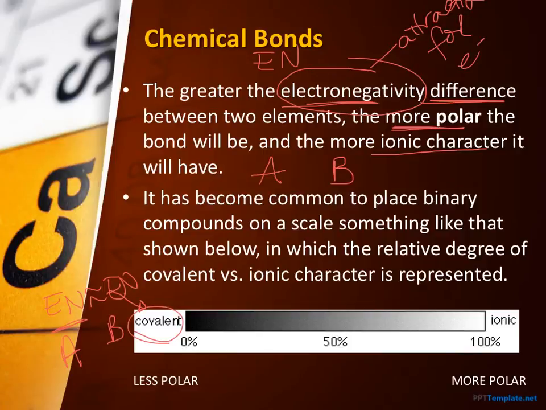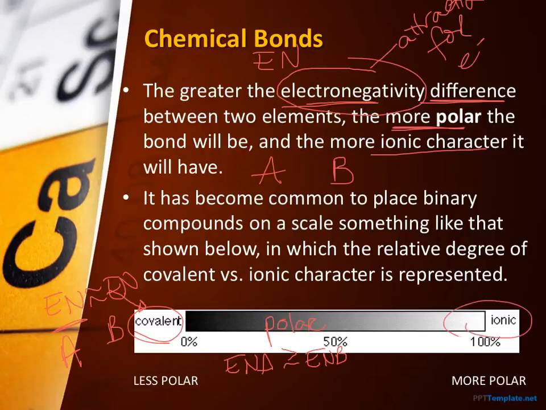Okay, they both have about the same attraction for electrons, and so they'll share equally. We have the polar covalent around here, and the electronegativity of one atom will be a little bit more than the electronegativity of another one, but not tremendously more.